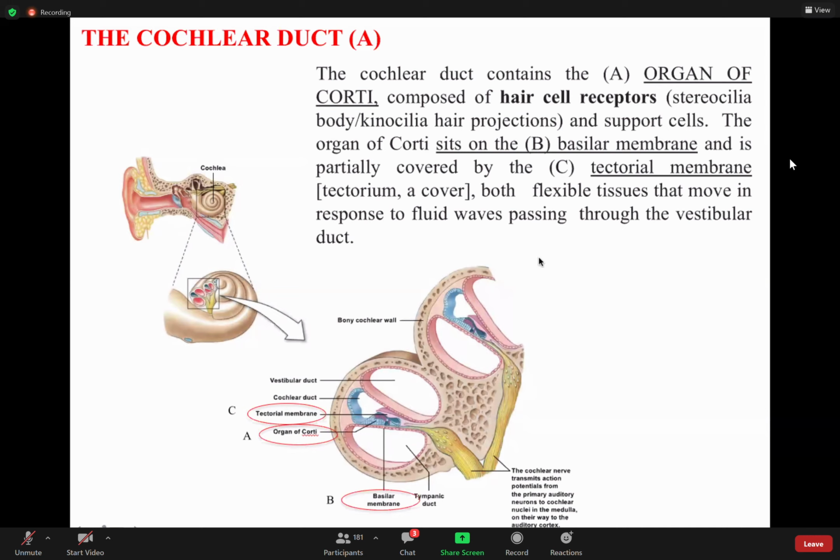The tectorial membrane is adjacent to the organ of Corti, and as the fluid moves around the vestibular ducts, it displaces the fluid, and also it displaces the tectorial membrane.